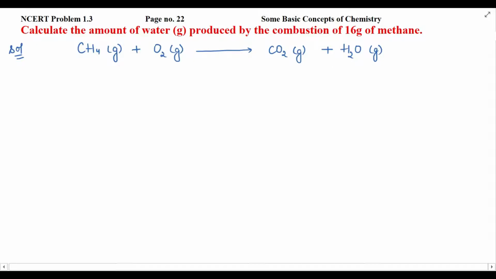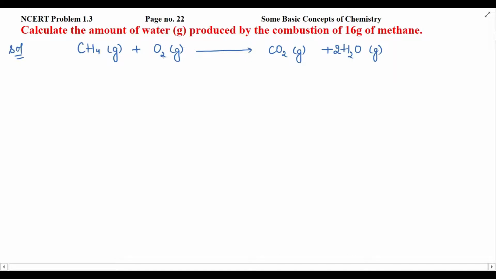Here in reactant side I'm having one atom of carbon, and product side again there is one atom of carbon. In reactant side I am having four atoms of hydrogen, and in product side there are two. So if I multiply water with 2, it will be 4 atoms of hydrogen, right?